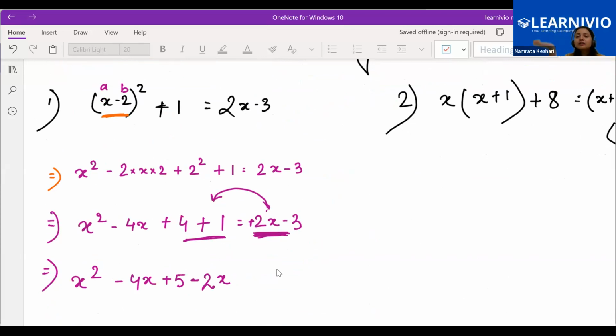Now tell me, if you take 3 from that side, will it be plus 3 or minus 3 over here? If we transfer this 3 to the left hand side, will it be minus 3 or plus 3?